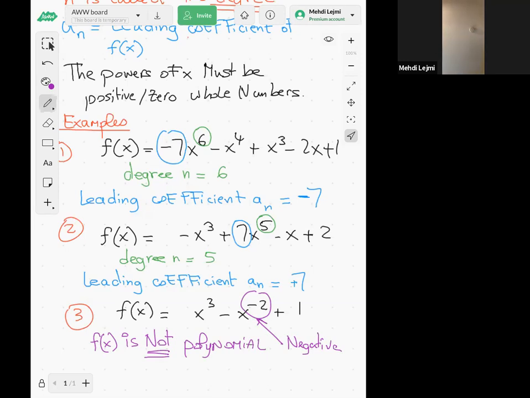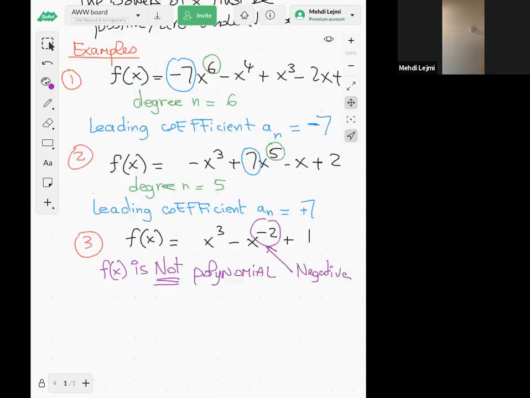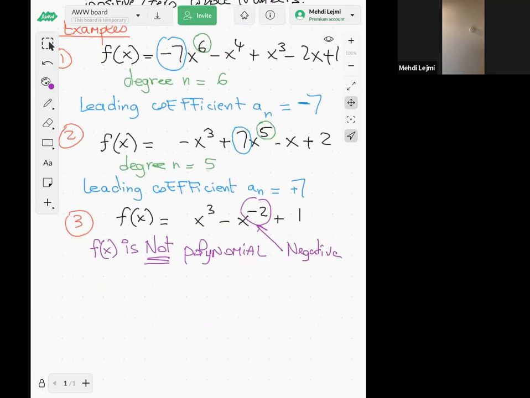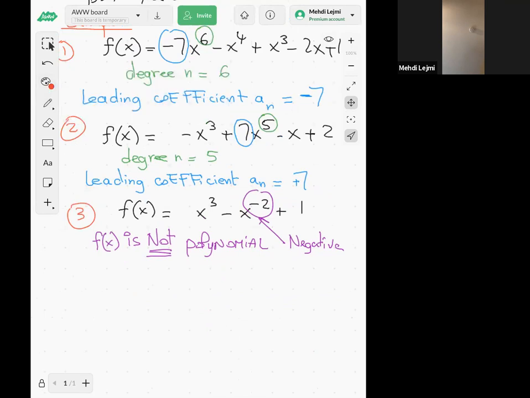Or if you have a fraction as a power. So for example, let's say f of x is x to the power 4 minus x cubed plus x to the power, let's say 4 over 3, minus 2.